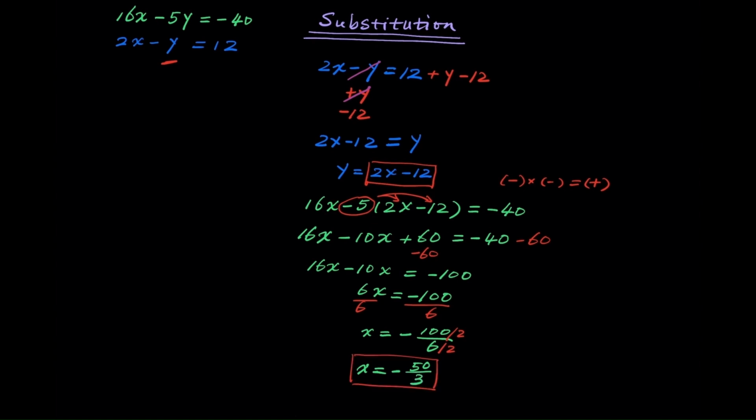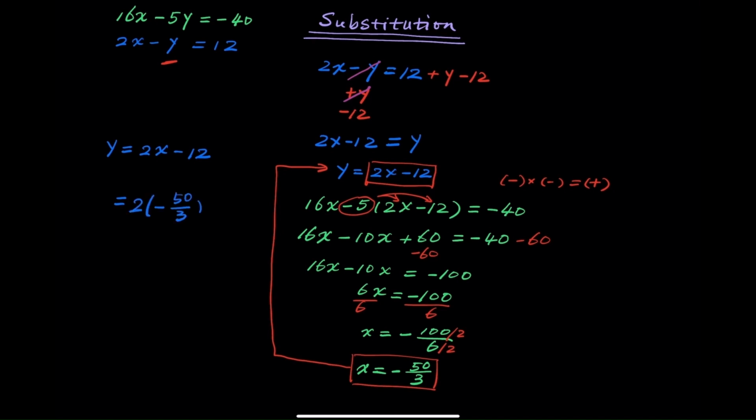Now we need to find the value of y by substituting the value of x back into the isolated equation, which is this one. So y is 2x minus 12. We substitute this negative 50 over 3 for x, then minus 12. So first we multiply this 2 by this fraction, giving us negative 100 over 3, then minus 12.